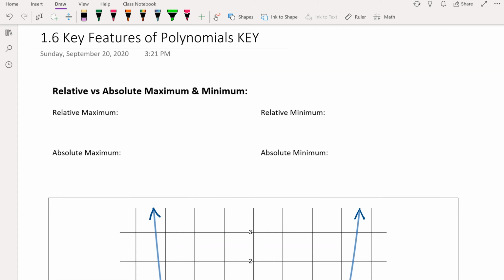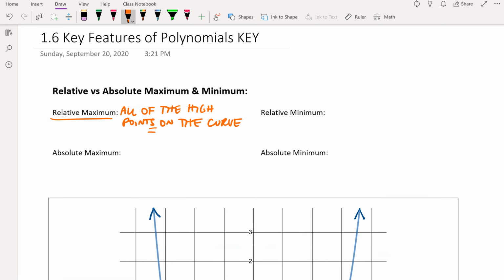All right, so relative maximum, you'll want to write down all of these terms and their definitions or meanings. So relative maximum, the relative maximum is all of the high points on the graph, or I'm going to say on the curve, the function, all of the high points on the curve.